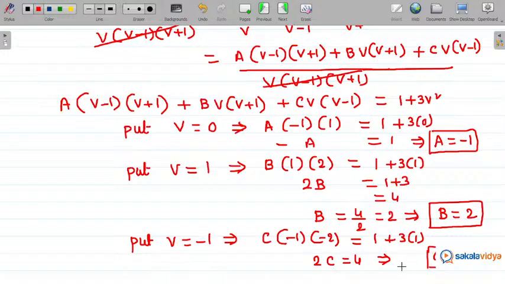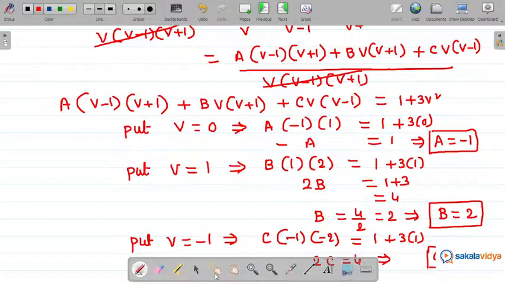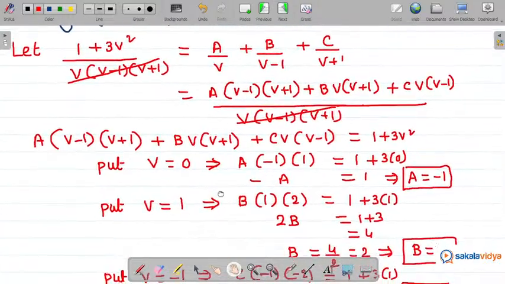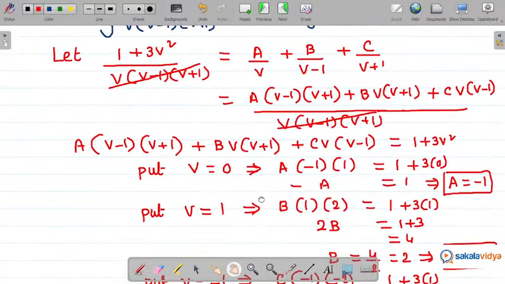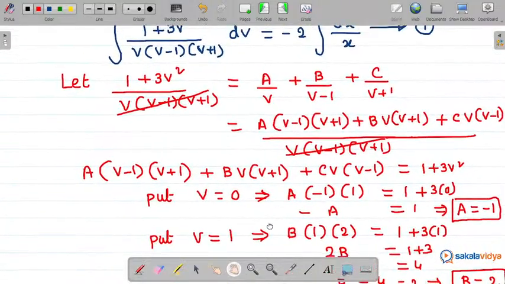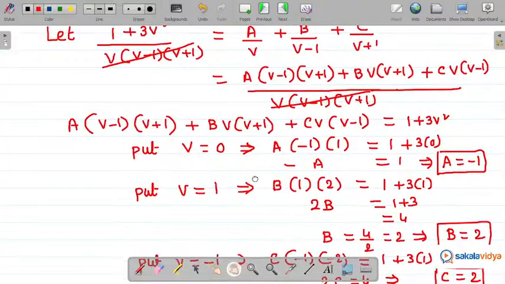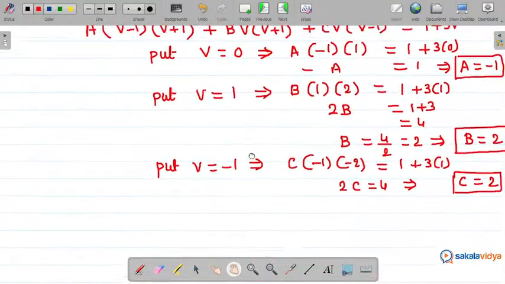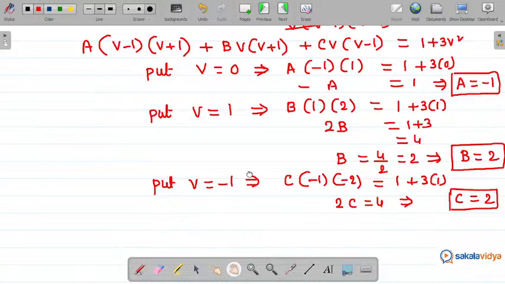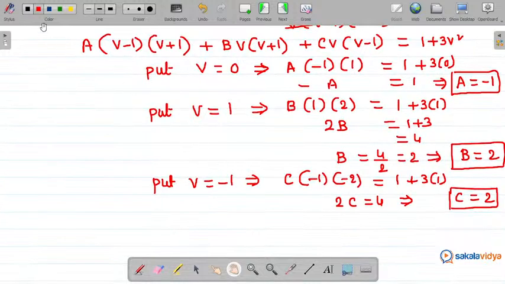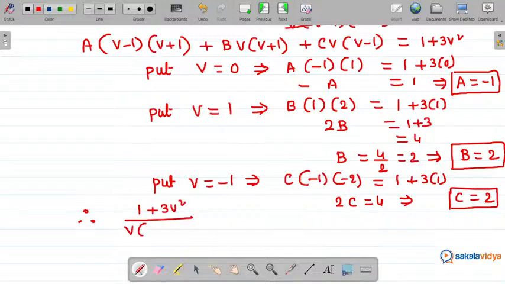Now we can find out the partial fractions of this one. So now 1 plus 3v square by v into v minus 1, v plus 1, you can write it now. Therefore, 1 plus 3v square by v into v minus 1, v plus 1 can be written as a by v.